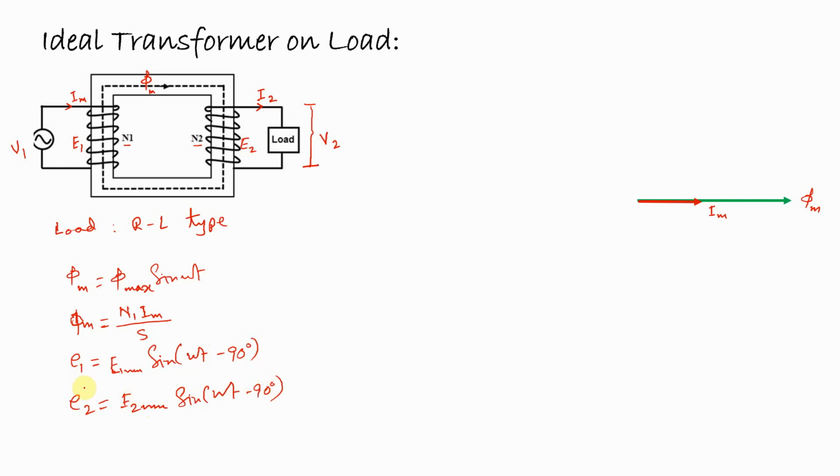That means the induced EMF in primary and secondary will lag the mutual flux. The same concept as we have seen in the no load condition. So here it is E1 and E2. Again we consider E2 is smaller than E1. We have taken E1 is greater than E2.